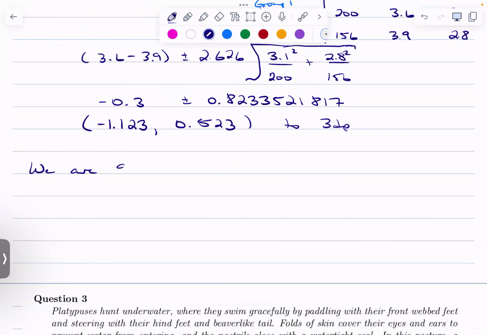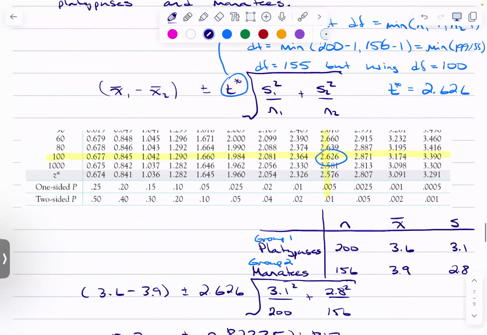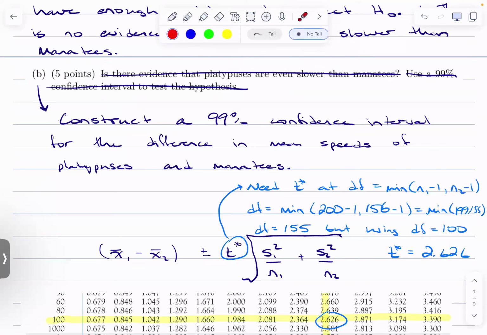We are 99% confident the interval from negative 1.123 to 0.523 captures the difference in the mean speeds of platypuses and manatees.